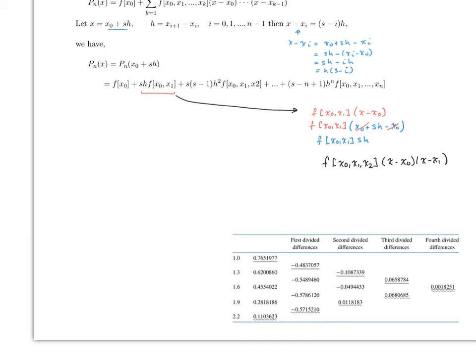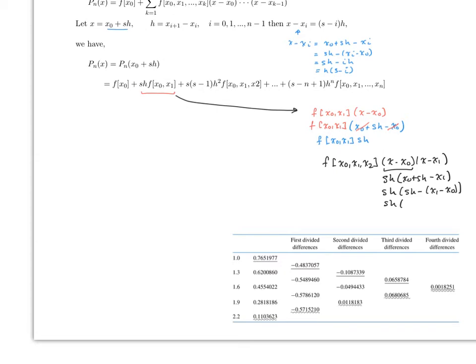If we do the similar substitution, we already know that the first part is equal to sh, and then the next one will be x0 plus sh minus x1, so this will be sh times xh minus x1, if you factor the negative sign, minus x0.